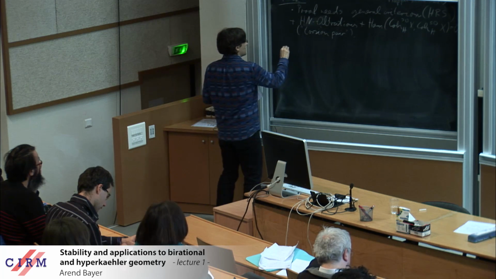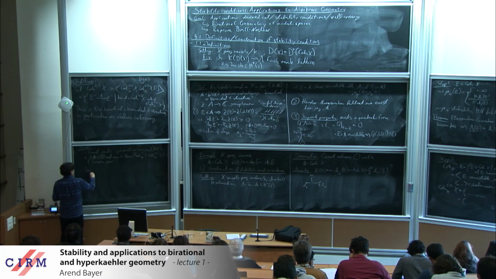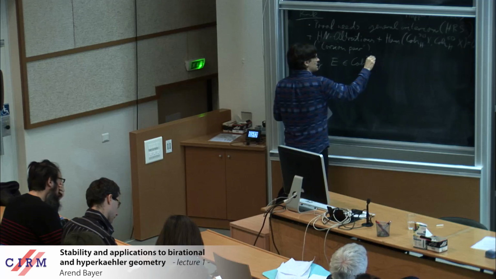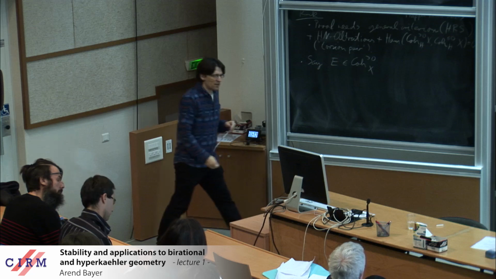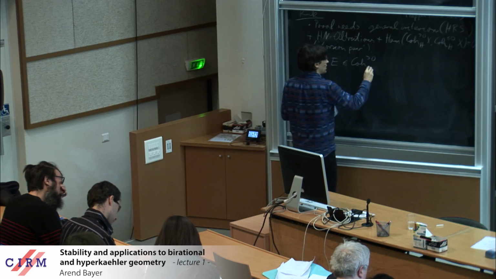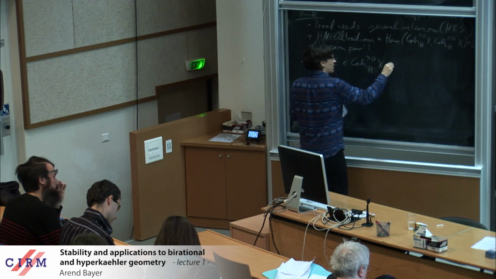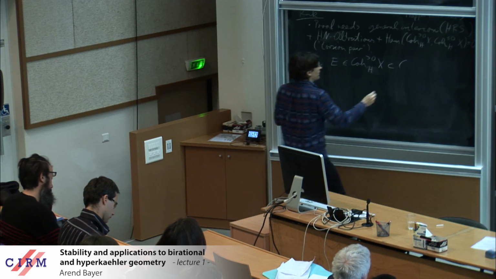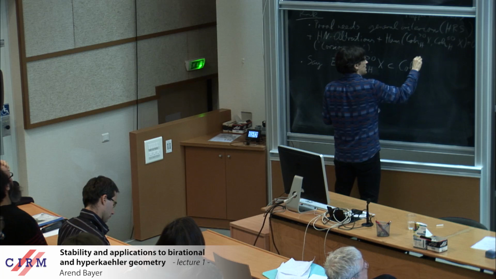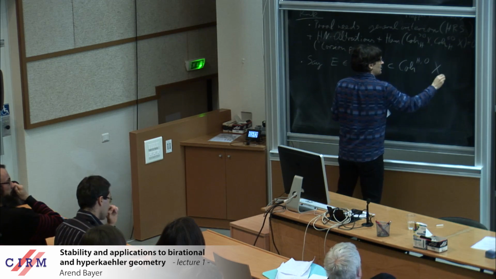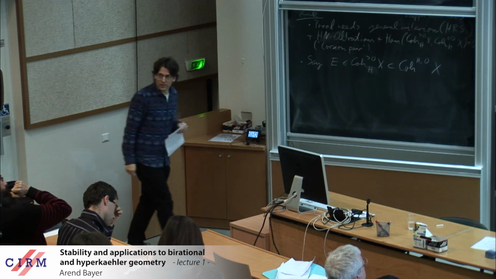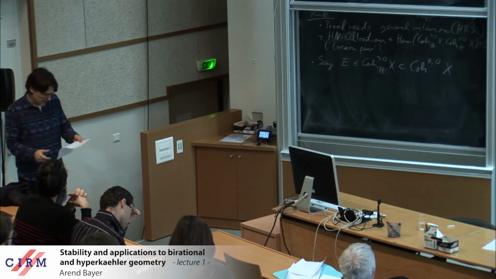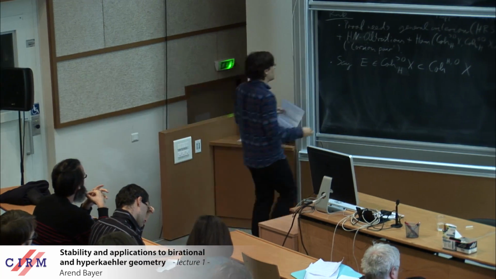Say you have an object in coherent sheaves, in this subcategory generated by semi-stables of positive slope, and this, of course, in particular, is an object of Coh^0(X). So this is an abelian category, so I should be able to tell you what the sub-objects are.